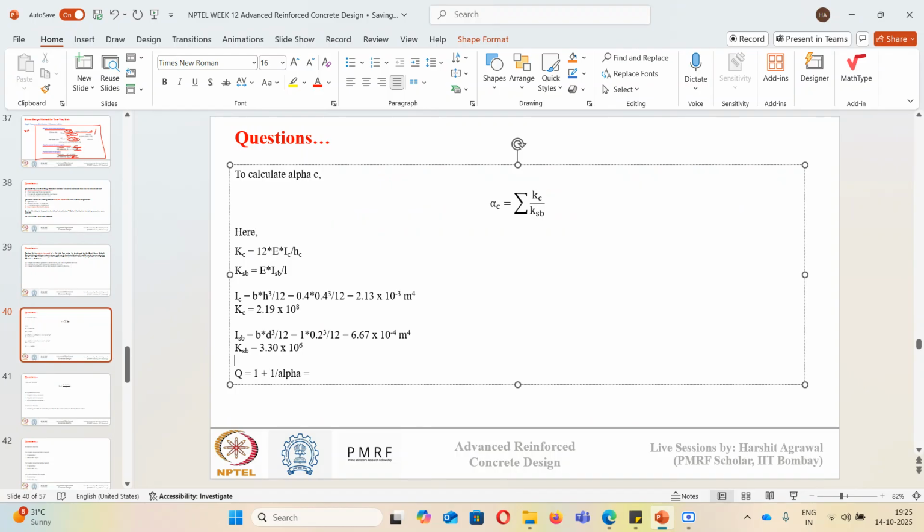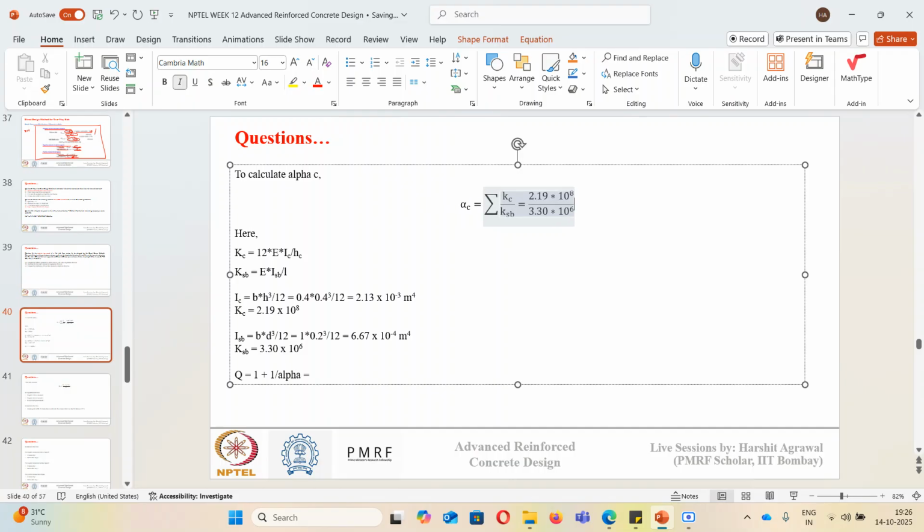Okay, so alpha will be the ratio of Kc upon Ksb. So this ratio will be 2.19 into 10 to the power 8 divided by 3.30 into 10 to the power 6.